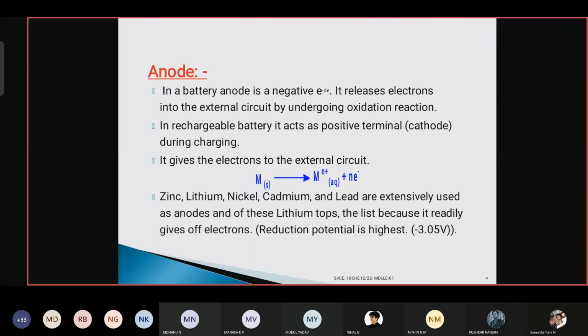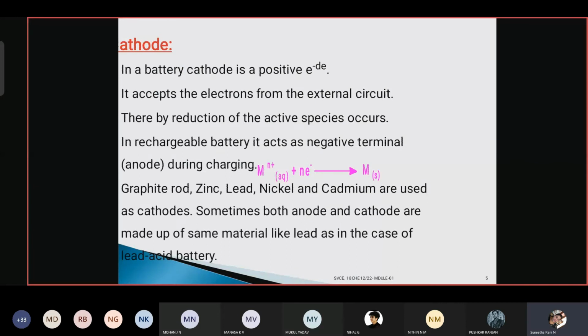I'll check. So the electrolyte provides a medium for transfer of ions inside the cell between the anode and cathode. We can use acid, alkali, and also water as an electrolyte. Depending on the type of battery, we choose the type of electrolyte.